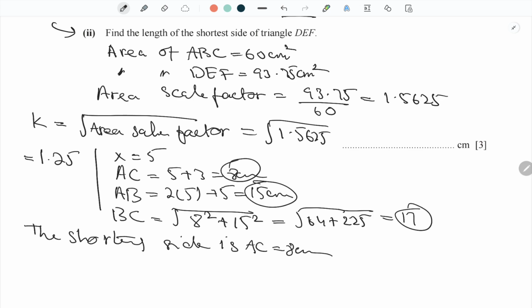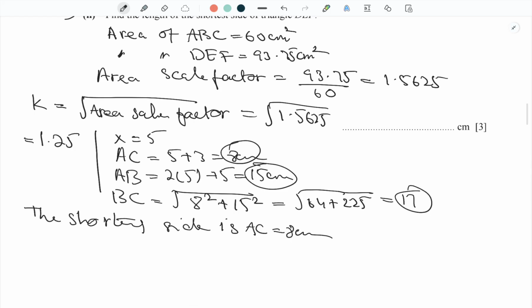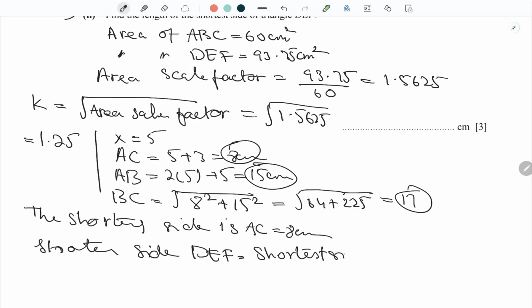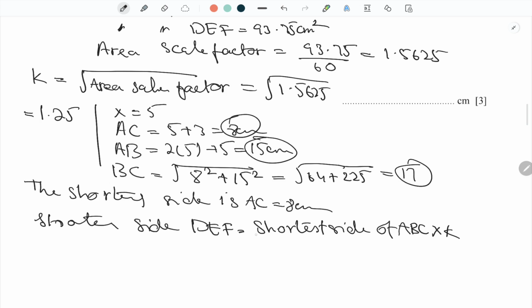Now we calculate the shortest side of the triangle DEF. This is the triangle ABC, the previous one. So the shortest side of DEF equals the shortest side of ABC times K. What is the shortest side of ABC?